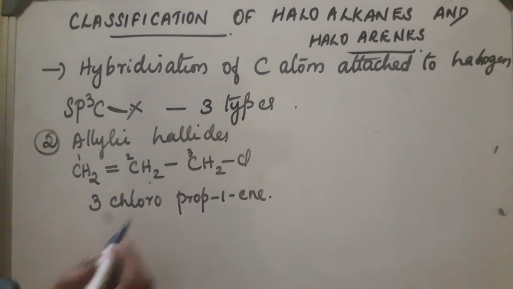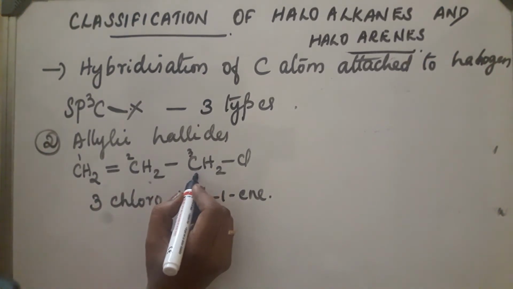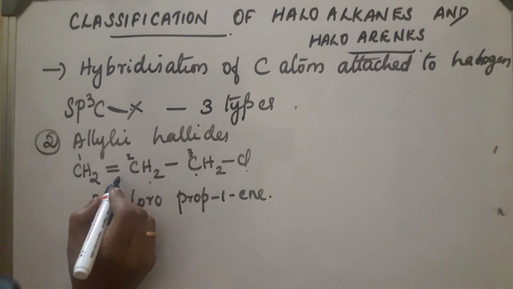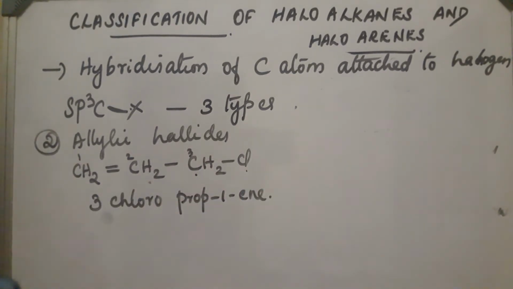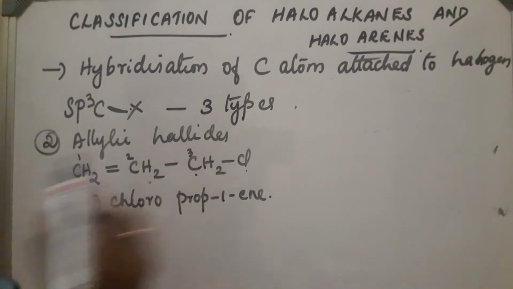Here we can see that the carbon atom next to the carbon atom attached to chlorine has a double bond. Such compounds are called allylic halides.